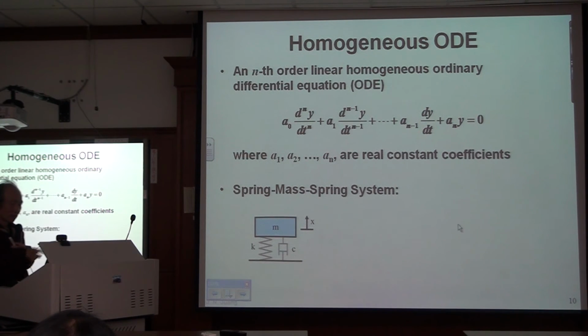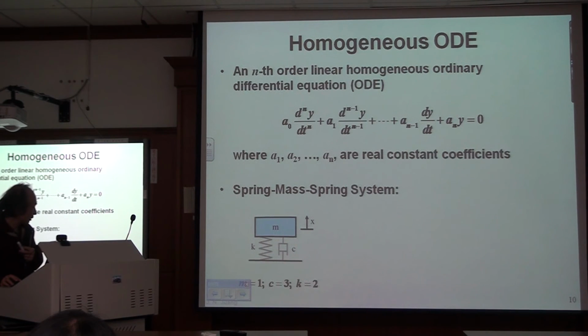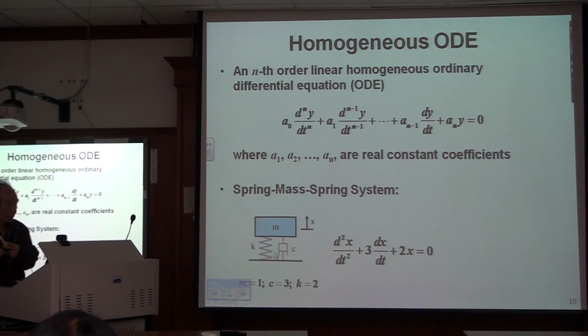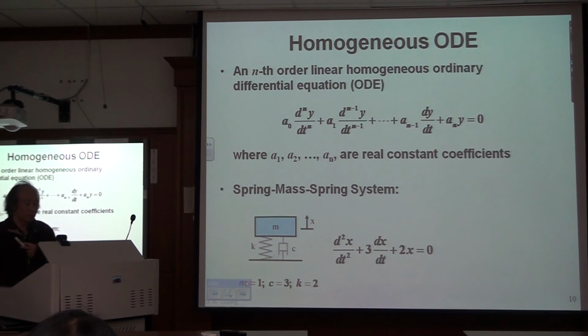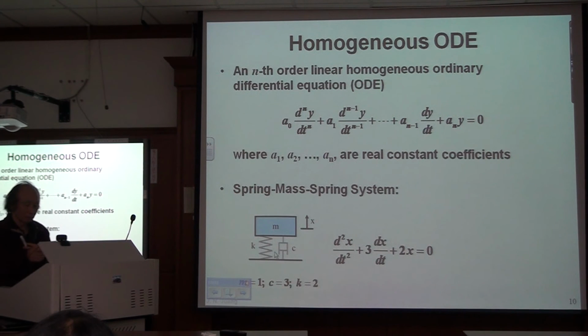All right. So this is the spring mass system, and assume m equal to 1, c equal to 3, k equal to 2. Then this is the differential equation we got. So that's the spring mass system without any force applied to it. And how can we solve this?